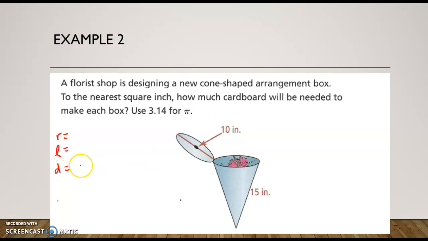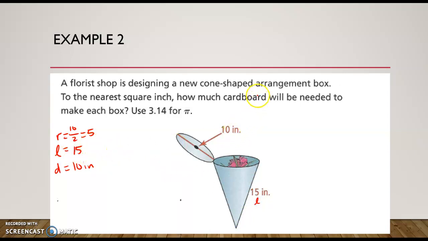Thing is they give us diameter being 10 inches. So the radius is going to be 10 divided by 2. I don't know why we end up with radiuses of 5. That just is how it tends to be, I guess, or for examples at least. And then our slant height here, this is our L. It's going to be 15.